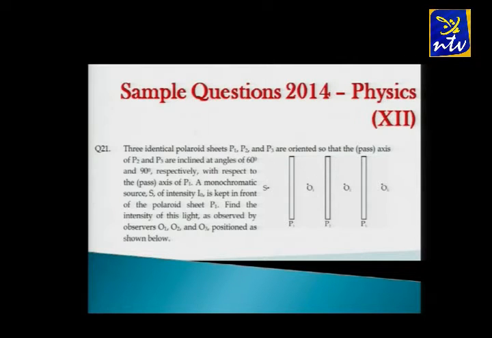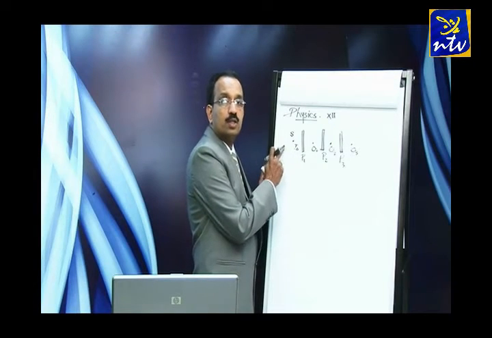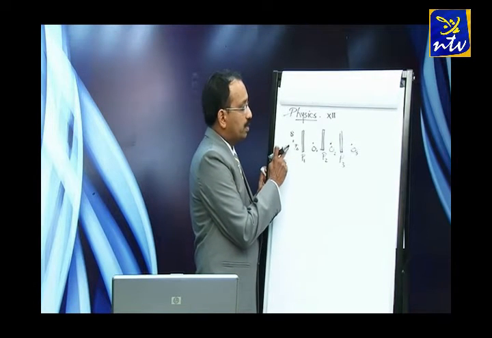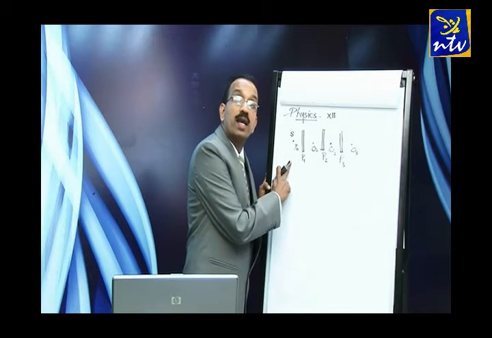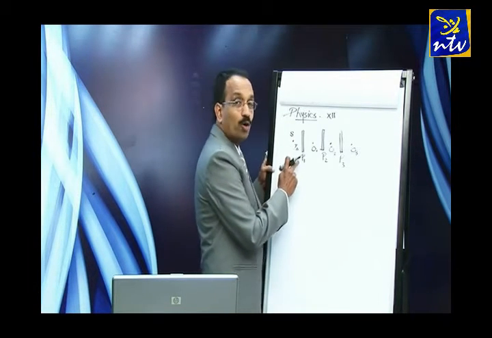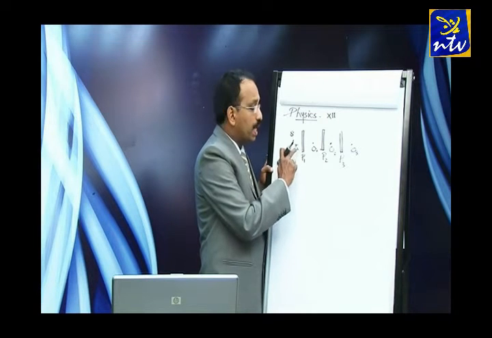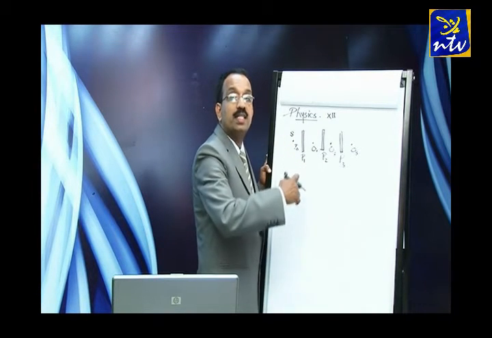So it's again a question which can be asked in different ways. I'll explain it over here. Listen now. This is the source with intensity I0. What kind of light is it? It is unpolarized light. This is a Polaroid. As light passes through a Polaroid, the intensity will be halved.